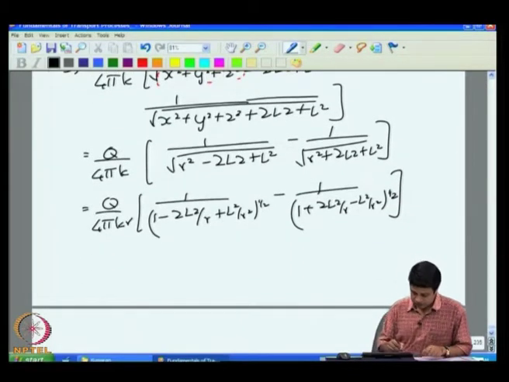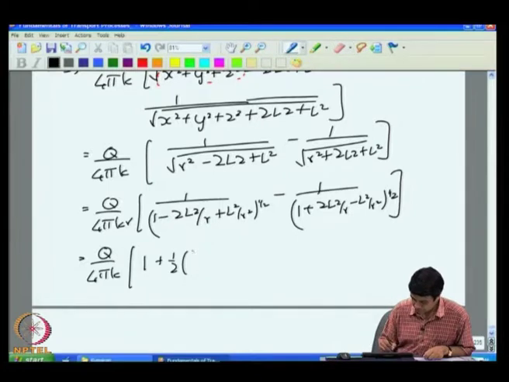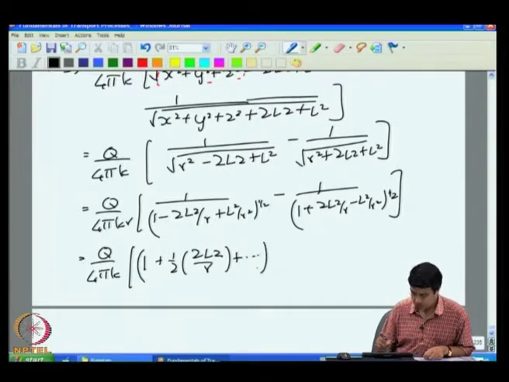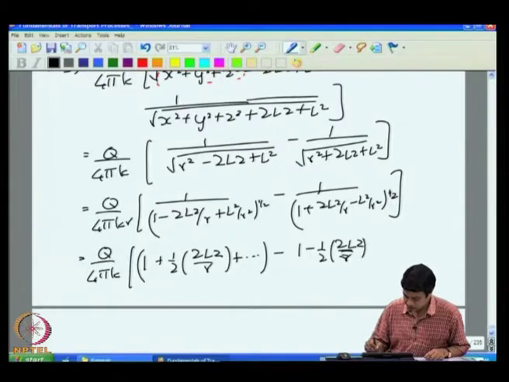So, this becomes equal to q by 4 pi k into 1 plus half 2 L z by r plus terms of order L square by r square, minus 1 minus half 2 L z by r plus terms of order 1 over r square.